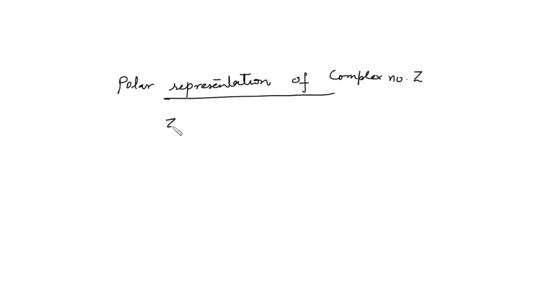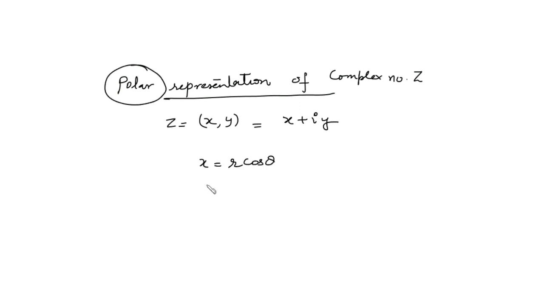Now see the polar representation of the complex number z. Since z is an ordered pair, it can be written as x comma y, or it can be written as x plus iota y. So we can write it in polar form by substituting x to be r cos theta and y to be r sin theta.